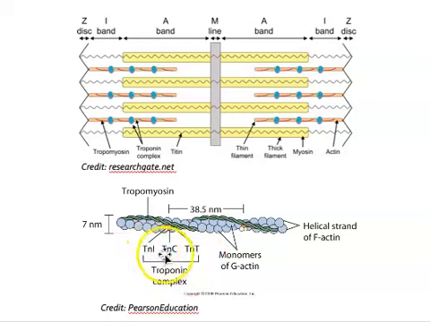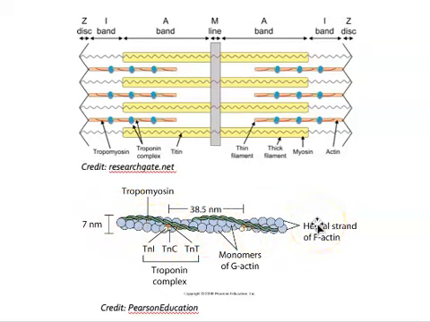The I and the C and the T are there to explain which structure these three components bind to.